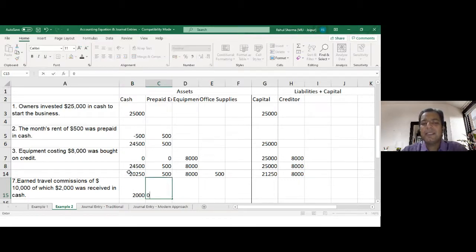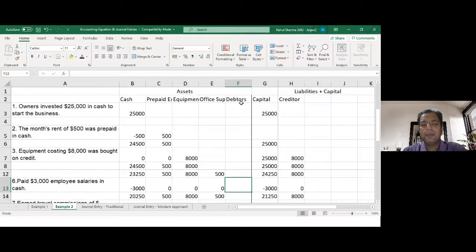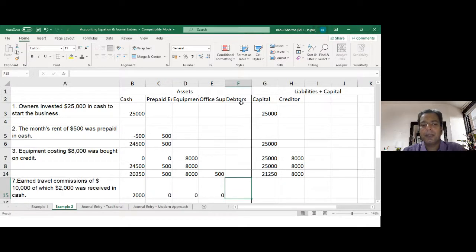My prepaid expenses have no impact. My equipment has no impact. Office supplies again don't get impacted by this. But I'm still to receive 8,000, right? So I can say that 8,000 is my debtors out here, and I can write it down as a part of my receivables.